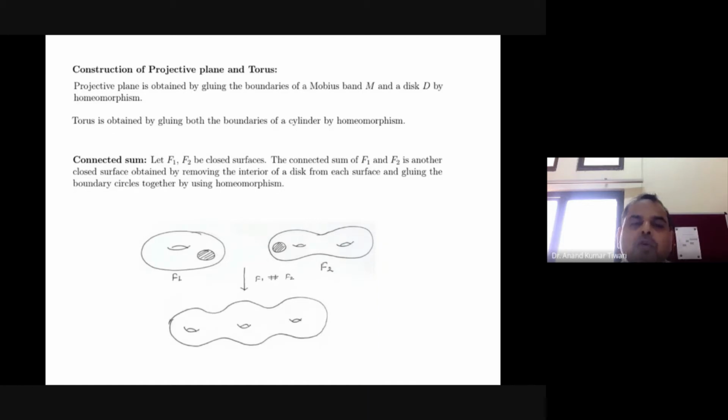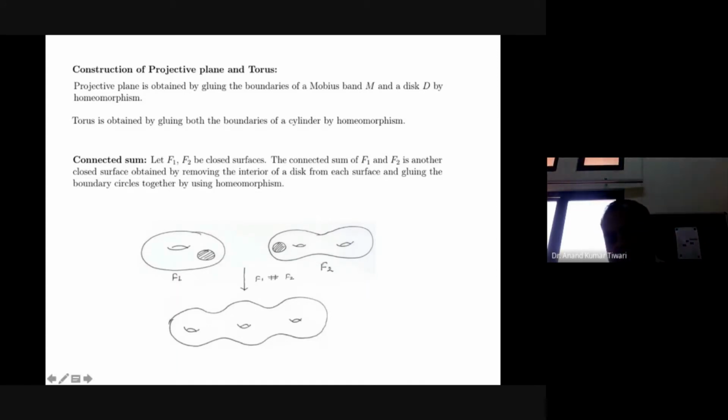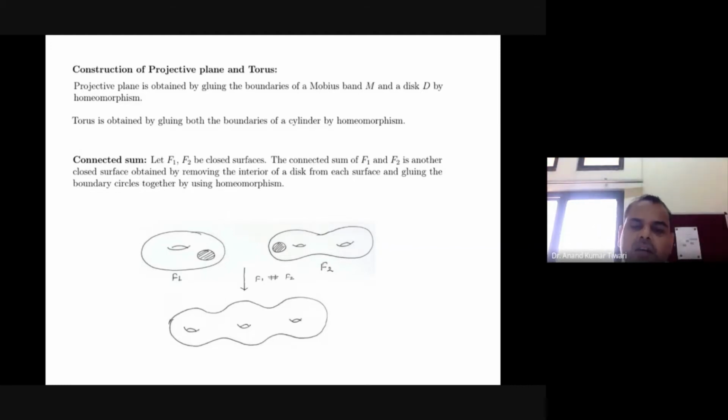Whenever we have two closed surfaces F1 and F2, if we remove an open disk from each of them, as shown in the figure, what remains is a surface without a disk, with boundary along the patch. Now if we glue both surfaces F1 and F2 along this boundary, then we'll get another surface that is called the connected sum of F1 and F2.